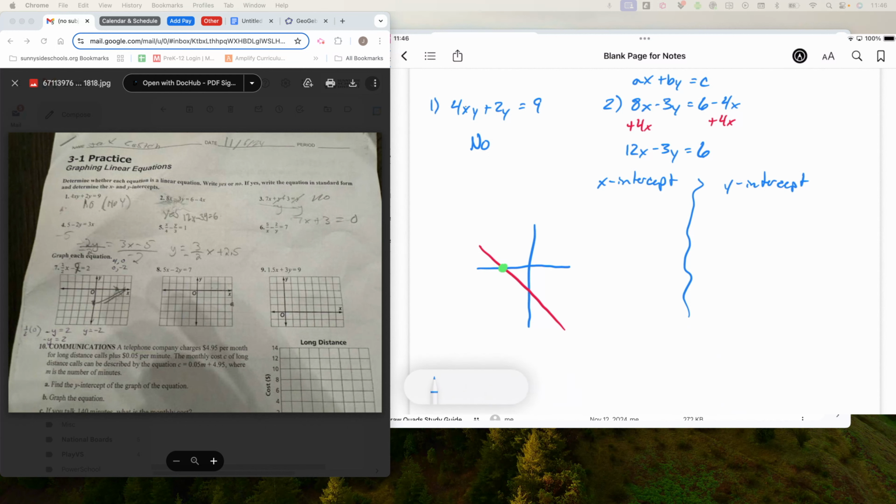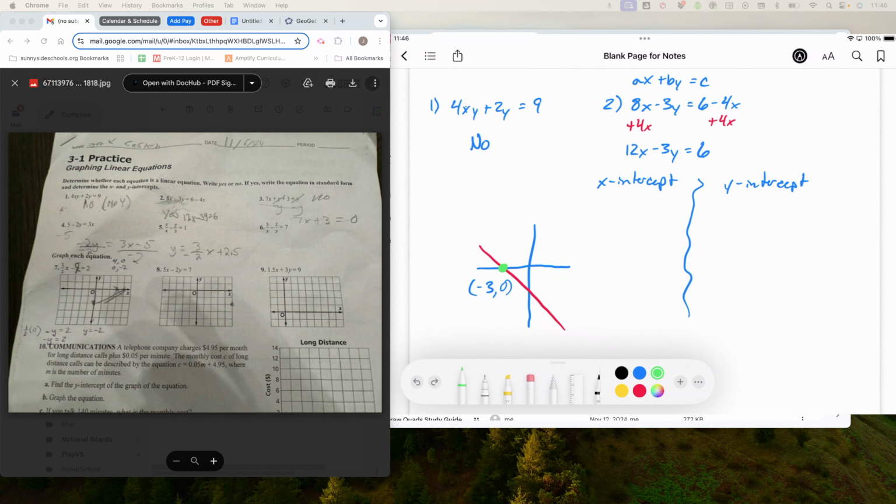For that to be the x-intercept, the y value has to be 0, so that would be something like negative 3, 0. That second value would always be 0, because anywhere that a line intersects the x-axis, all of these green dots that I'm making have a y value of 0, because they do not go up or down at all.